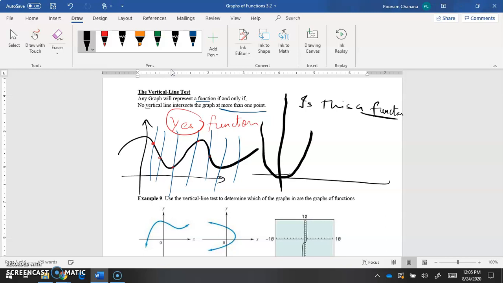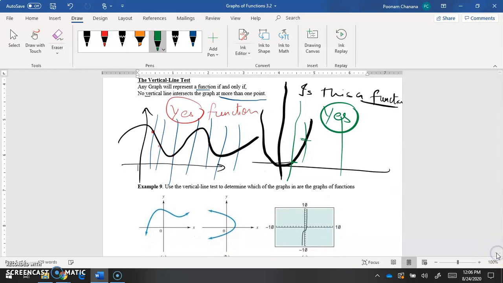Every vertical line should intersect the graph at most one point, or it doesn't meet. Say I draw a vertical line here. Does it meet the graph? No, that's fine. But if it intersects the graph, it should intersect at a maximum of one point, here or here. That's only one point. So that's fine. So this is also a function.